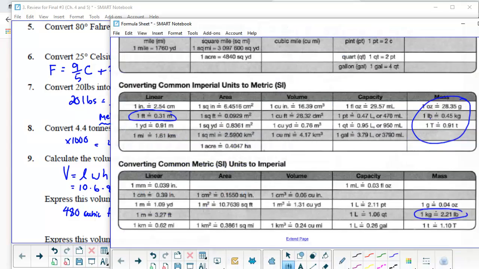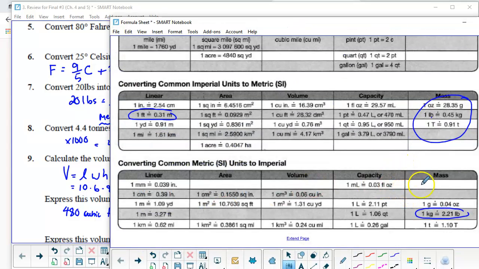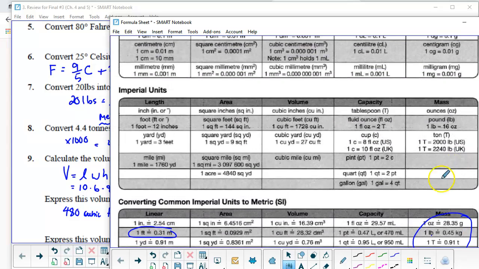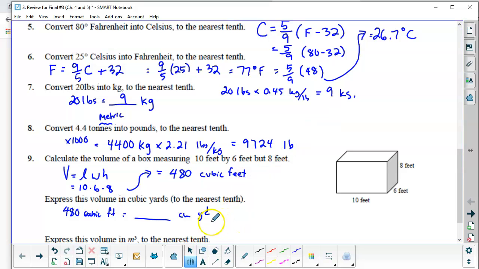So get your chart out here. This is a capacity, and this is all in imperial. So, sorry, it's a volume, not capacity. So cubic yards equals 27 cubic feet. Oh, sorry, we're going from cubic feet to cubic yards.